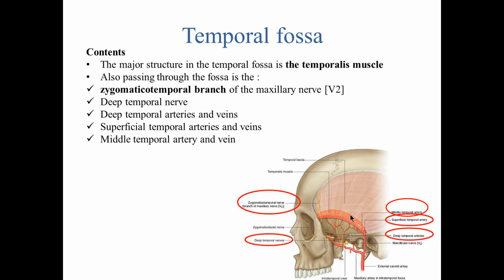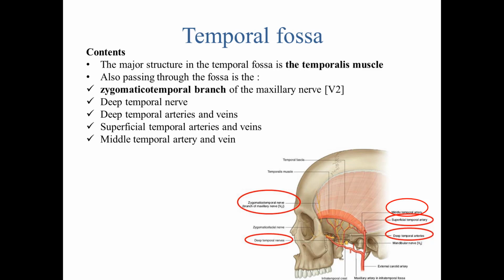These arteries arise from the second part of the maxillary artery and enter on its deep aspect and also superficial aspect. As I said, these branches come to the temporal fossa, superficial and deep to the temporalis muscle, and supply the temporalis muscle.